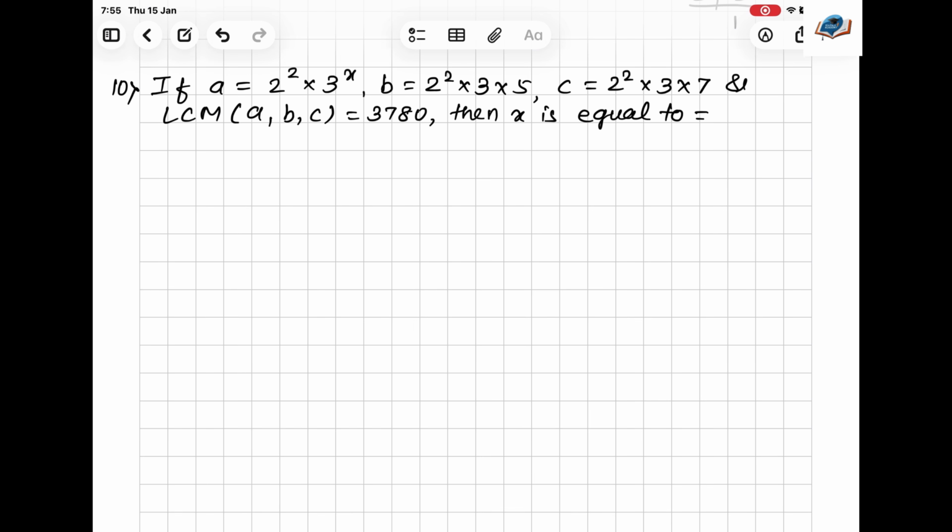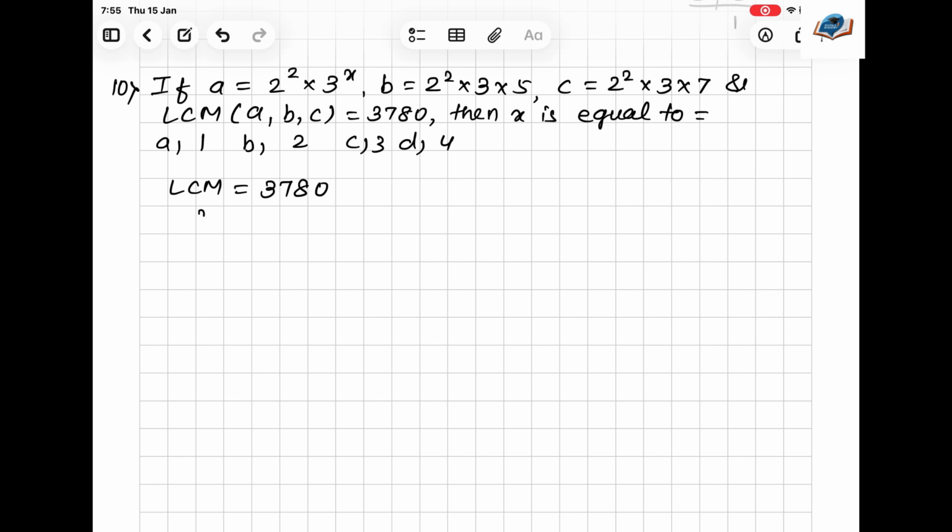Now he is asking me the value of x: A 1, B 2, C 3, D 4.